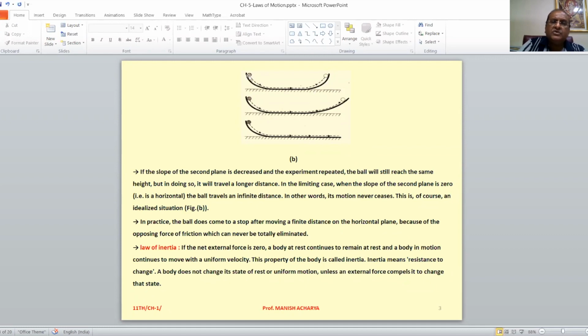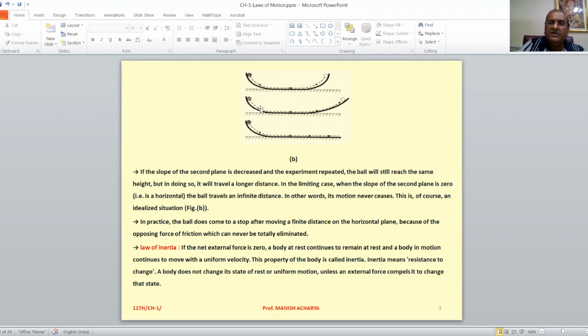He observed that the height from which the object is released, when it moves on the other side, it attains the same height if the surface of this inclination is very smooth.